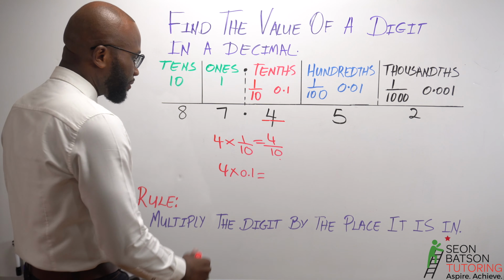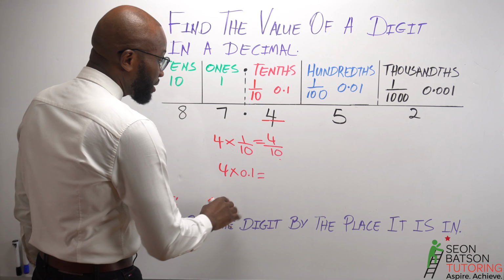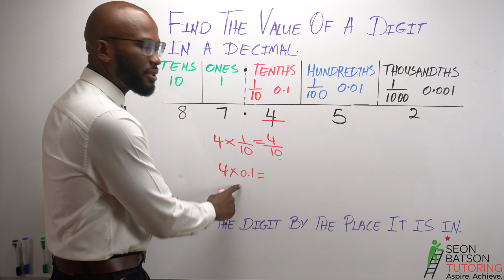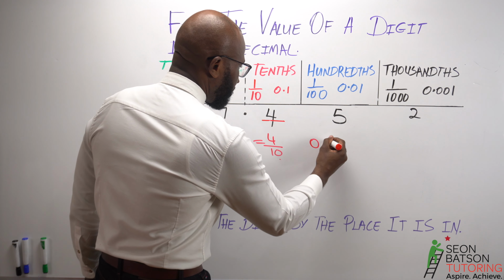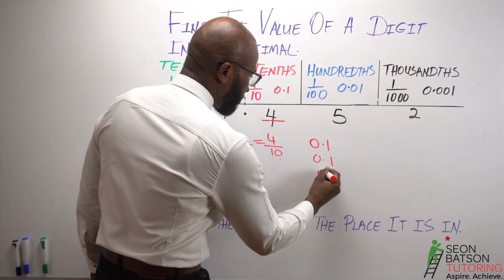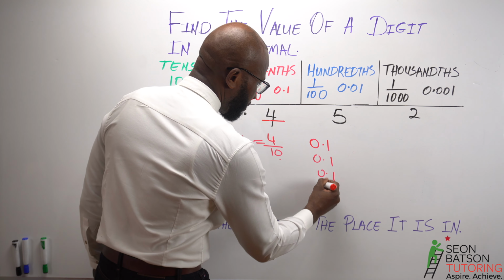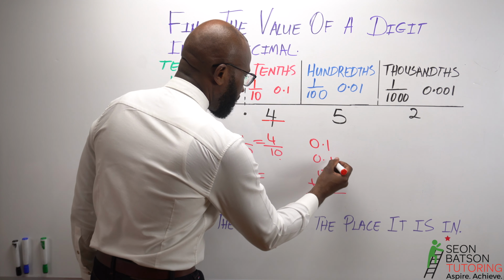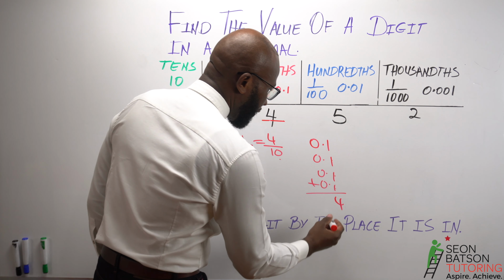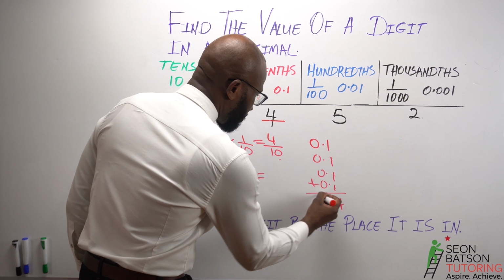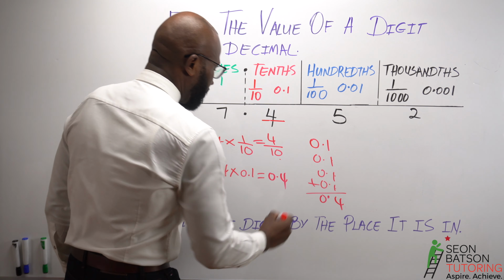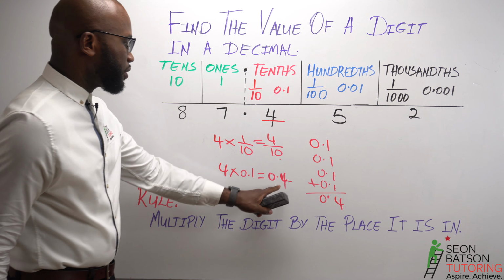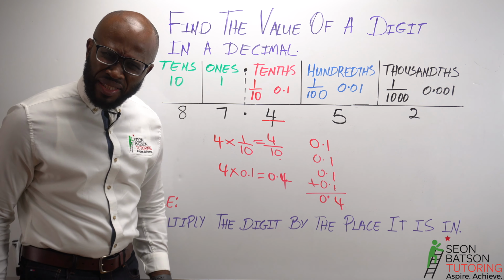Well, 4 times 0.1 simply means we have 4 0.1s. 1, 2, 3, 4. Now we add: 1 plus 1 is 2, plus 1 is 3, plus 1 is 4. We have all zeros. So as a decimal, the value of the 4 is 4/10 or 0.4. Very simple stuff.